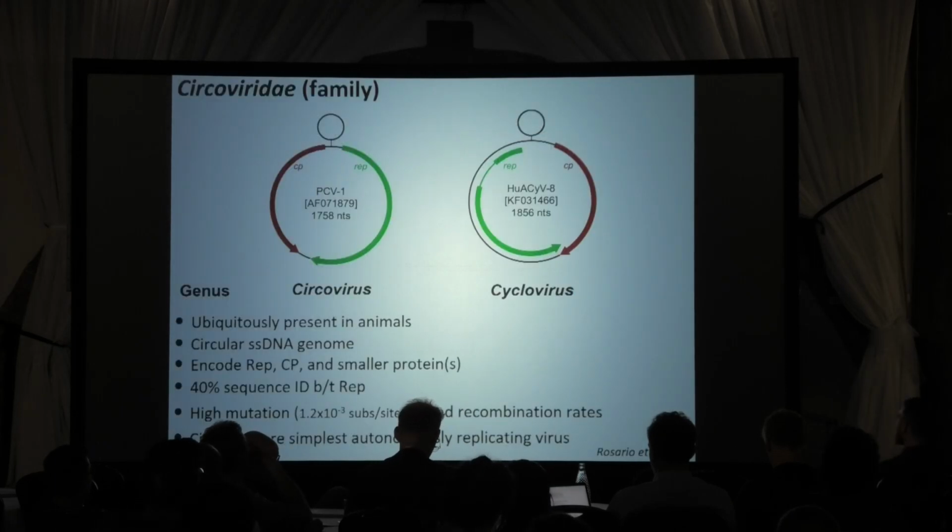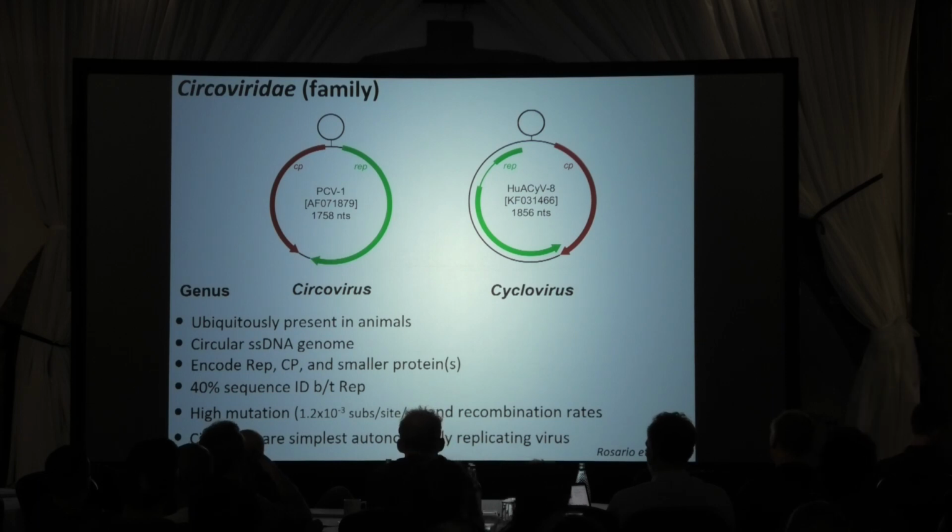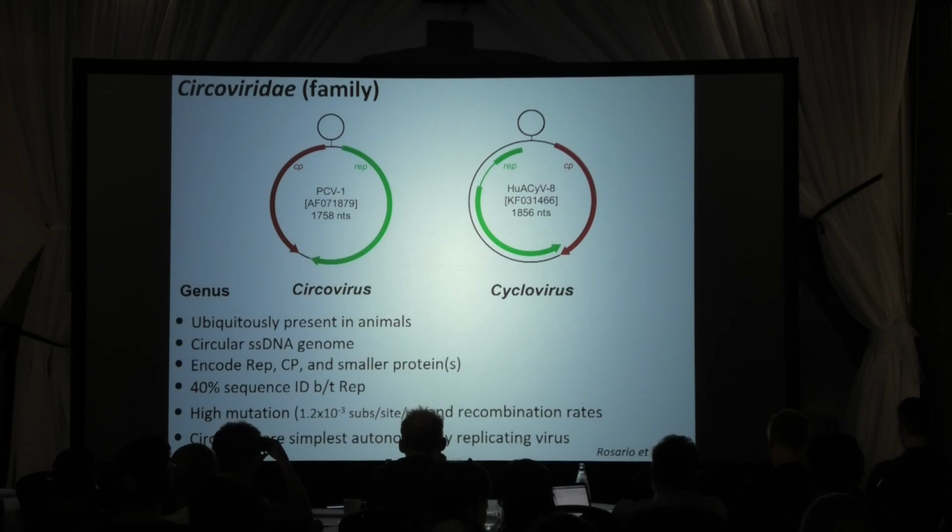So what are Circoviridae? Circoviridae is a family of viruses that have two genera, and the name comes after the single-stranded circular DNA virus that they have. So Circo stands for circle. The two genera are Circovirus and Cyclovirus. Both are ubiquitously present in animals.